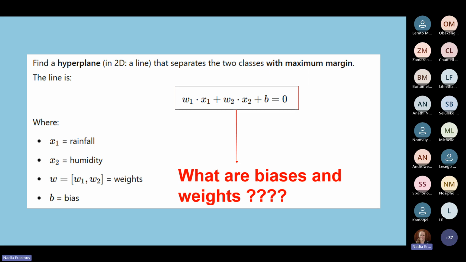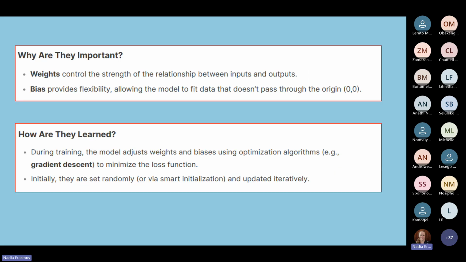It's later on, I'm going to get there. So it is the relationship between the rainfall and the output, which we're also going to see later on. And then we have the bias, which is the flexibility to fit the data and make sure it doesn't pass through the origin, because we cannot have zero in anything. The origin means there's nothing going on.